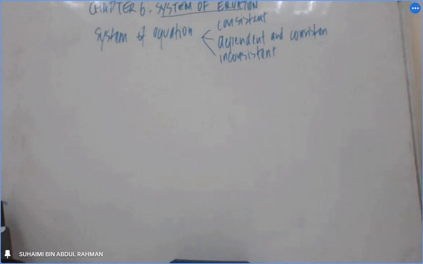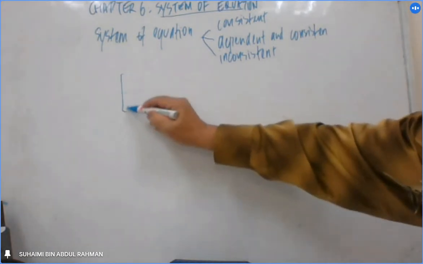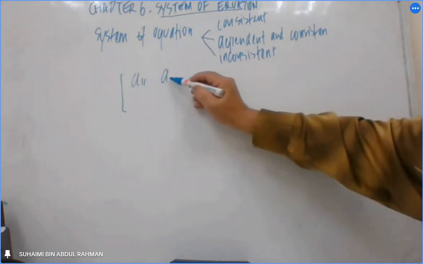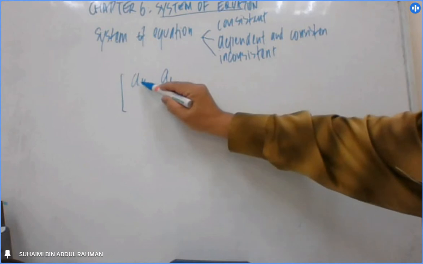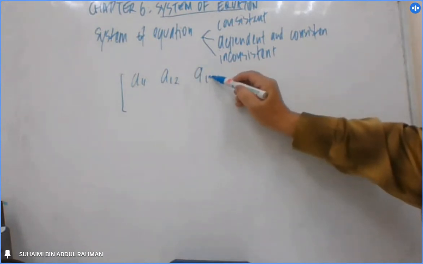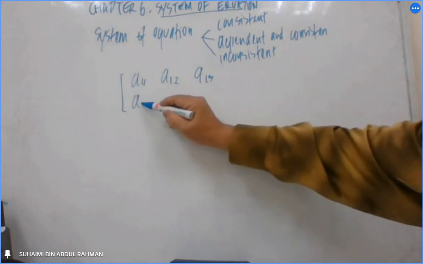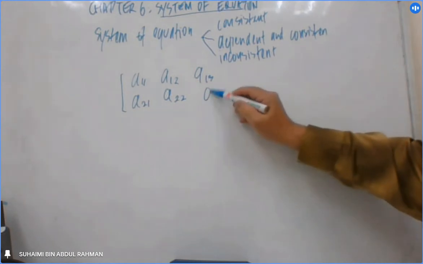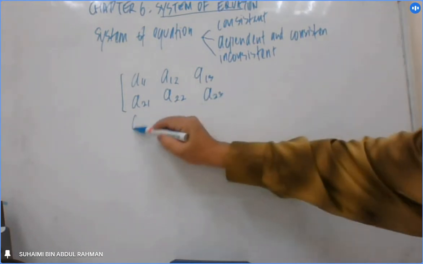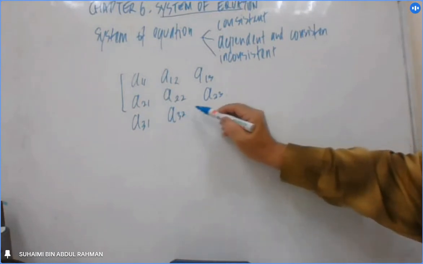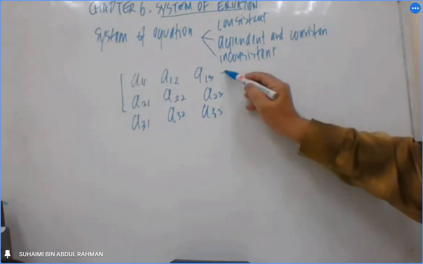So the definition of matrix, right. The elements of matrix, let's say this one A11, row 1 column 2, row 1 column 3, row 2 column 1, row 2 column 2, row 2 column 3, row 3 column 1, row 3 column 2, row 3 column 3.